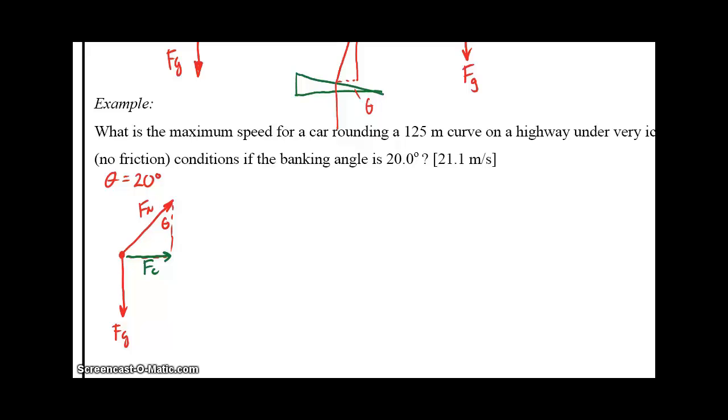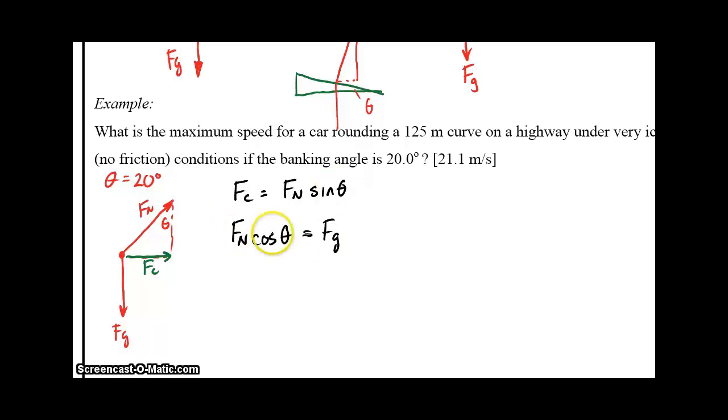So we actually end up with a couple equations here. First one is that Fc is equal to Fn sine theta, and we also know that Fn cos theta is equal to Fg.